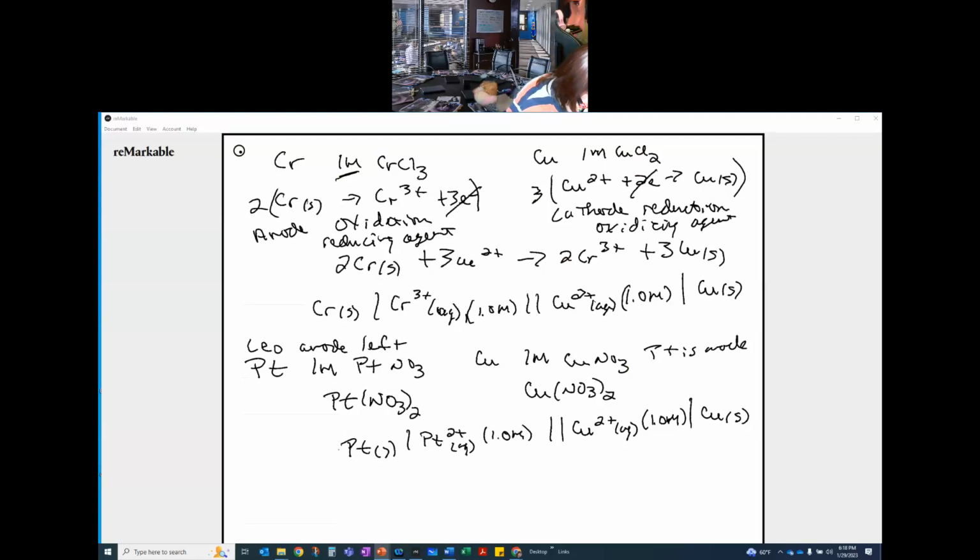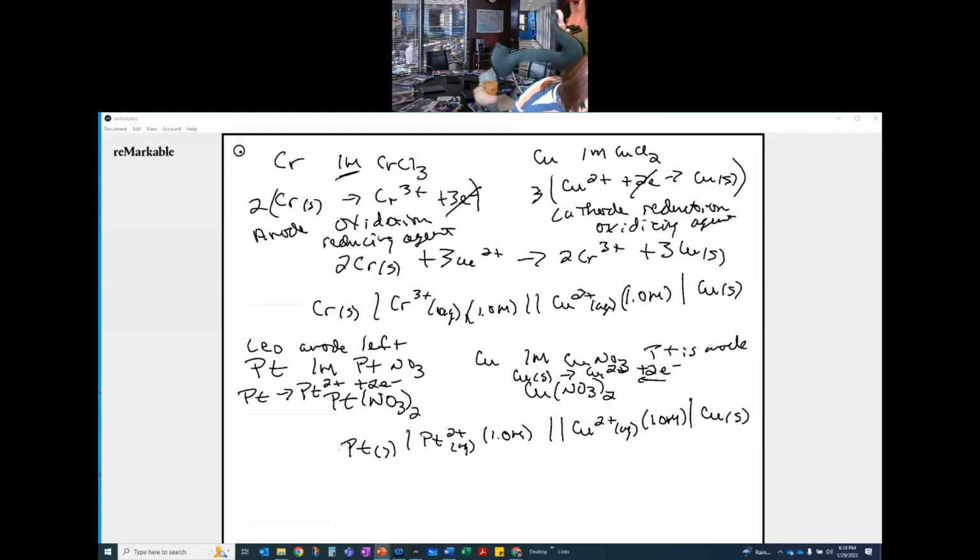That's my cell notation. My overall cell reaction. This is a 2 electron process, so I'm going from Pt to Pt2 plus 2e minus. This is going to be Cu(s) going to Cu2 plus 2e minus.